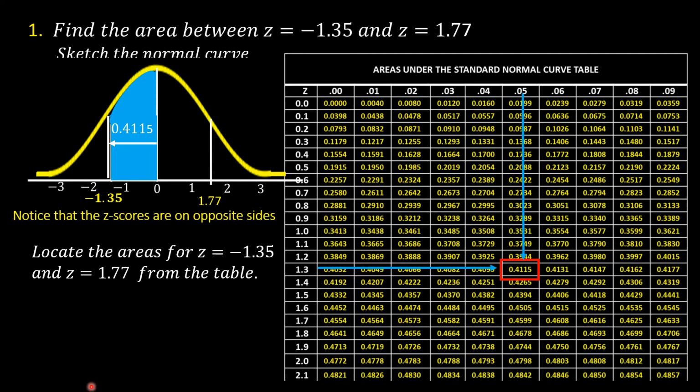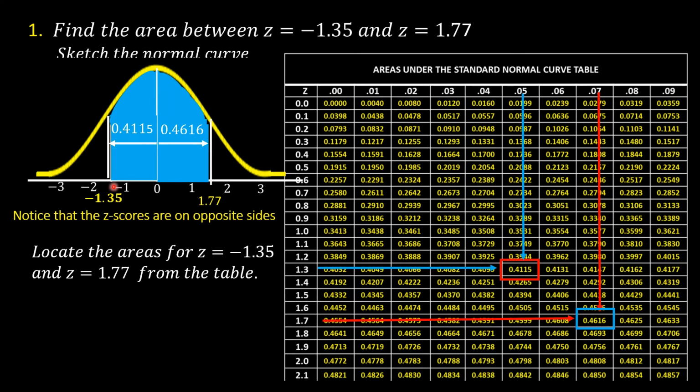The intersection of the row containing 1.7 and the column containing 0.07 is the 0.4616. This is the area from z is equal to 0 up to z is equal to 1.77. Let us shade the area.